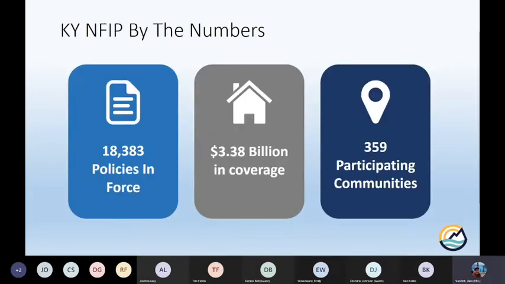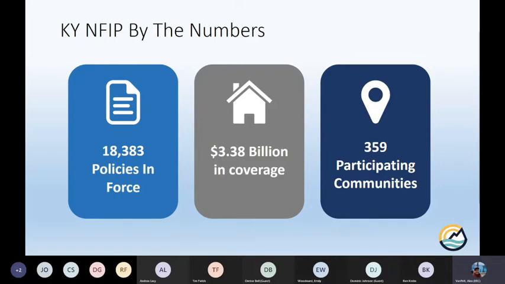A little understanding of what flood insurance looks like in Kentucky. As of yesterday, we had 18,383 policies in force. So there are quite a few policies floating around Kentucky. Certain areas obviously have more than others. Louisville accounts for about a quarter of our population as a Commonwealth, and a little over a quarter of the policies.